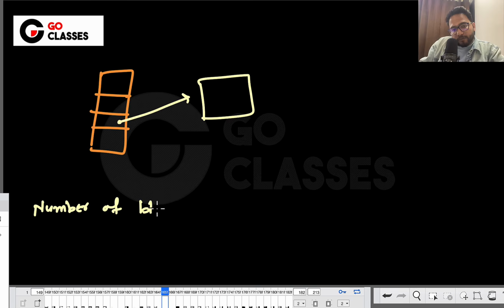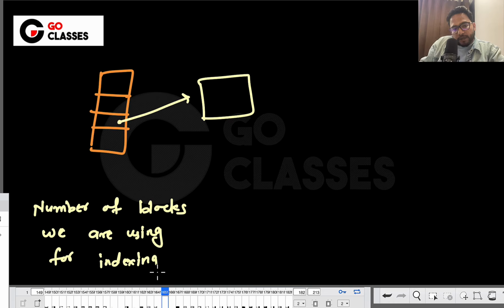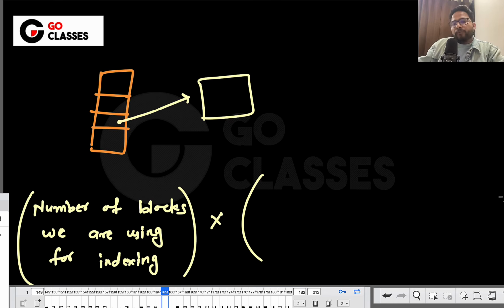The number of blocks we are using for indexing, definitely it depends on that, multiplied by, for one block, how many pointers it can hold, because these are the number of blocks it is pointing to, into the block size.